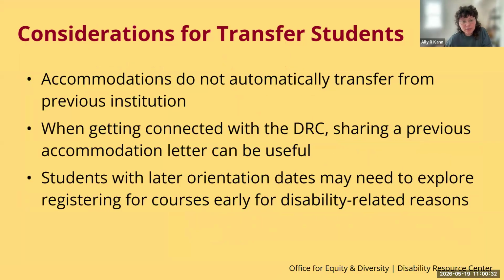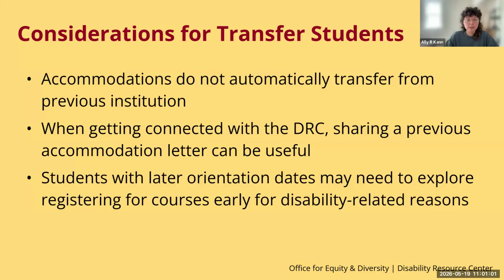So considerations for transfer students, similar to the K through 12 accommodations, accommodations from their previous institution do not automatically transfer to the U of M. However, if they have a previous accommodation letter from their community college or other college, that can be really helpful for figuring out what accommodations they need here.